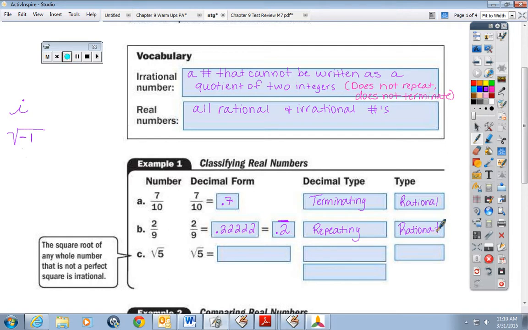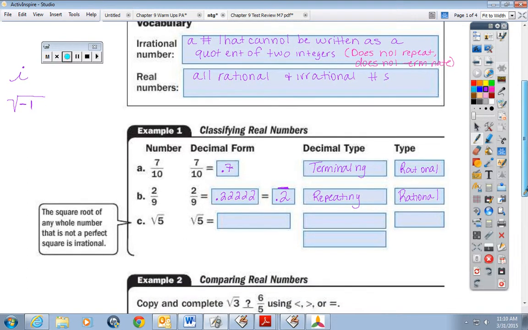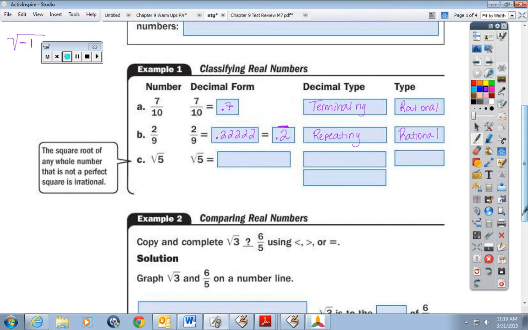Now, look at the little box out to the side. It says the square root of any whole number that is not a perfect square is what? Irrational. Any number that's not a perfect square, the square root of that is an irrational number. Is 5 a perfect square? No. So automatically, without even plugging this in on a calculator, you should know that it's going to be irrational.